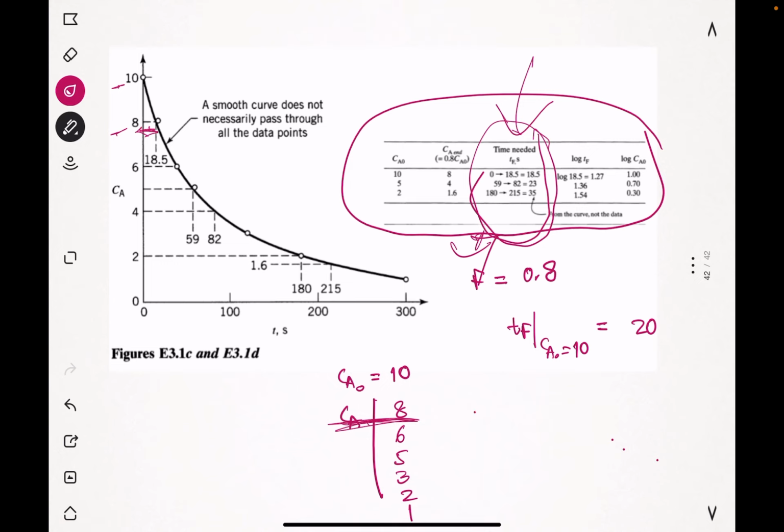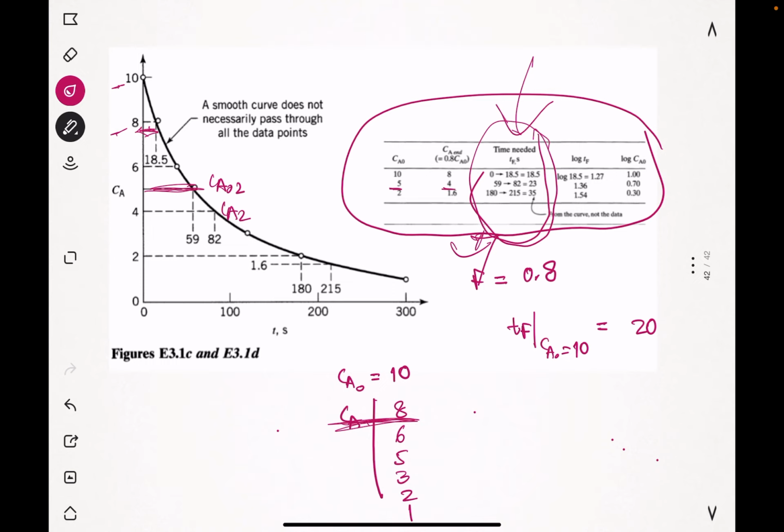The second data point here is 5 and 4. So again, the initial concentration here is 5. So it's the second Ca naught. And with F of 0.8, the Ca is 4.